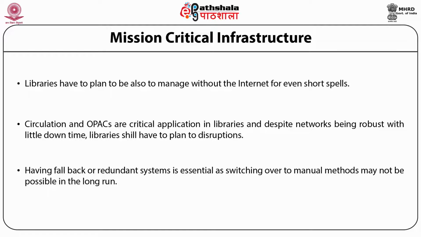That was because the automated system or the OPAC was not robust, and whenever there used to be a failure, the libraries used to fall back on the manual system. This has, of course, disappeared now, but most libraries should have a fallback or redundant system in the electronic format, so that the mission critical operations or the mission critical infrastructure are maintained without failures.